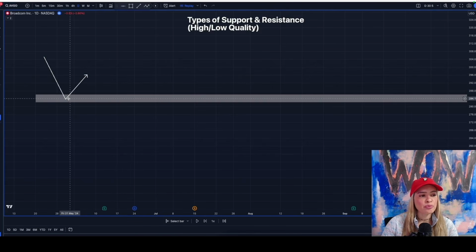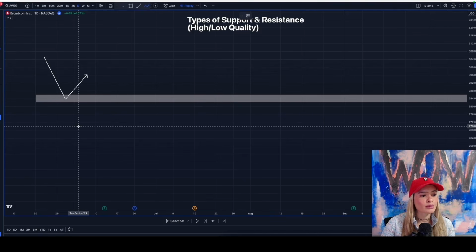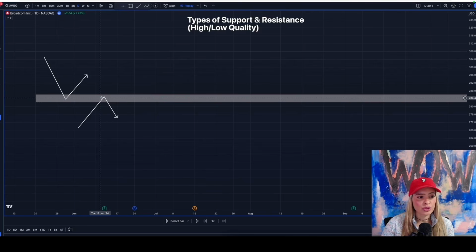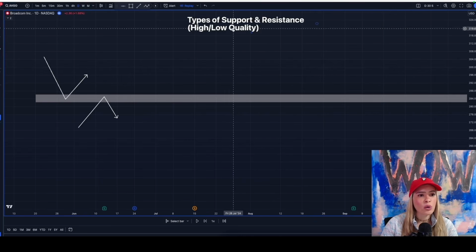You don't have any previous data showing that it has multiple touches or in the past reacted as support and resistance. A low quality resistance will also have one touch and then it rejects there. We don't have any data that in the past it acted as support and resistance, and it only has one touch.